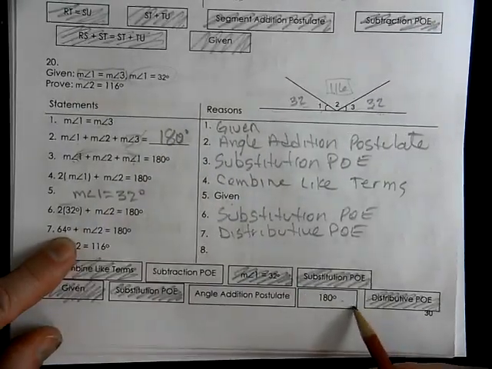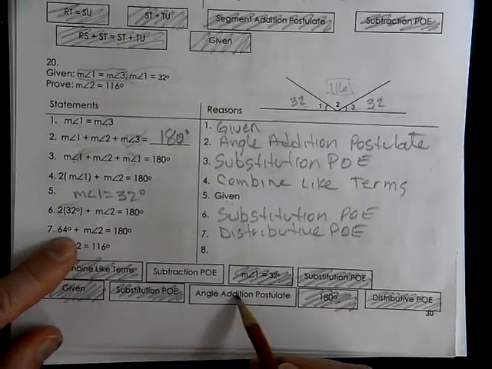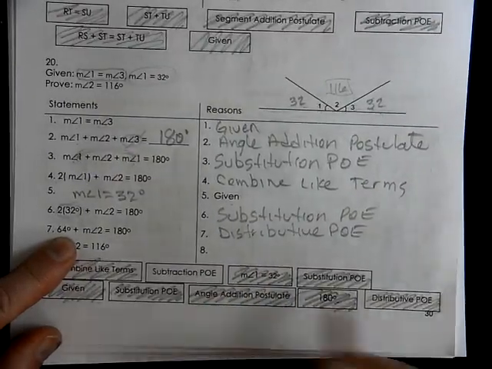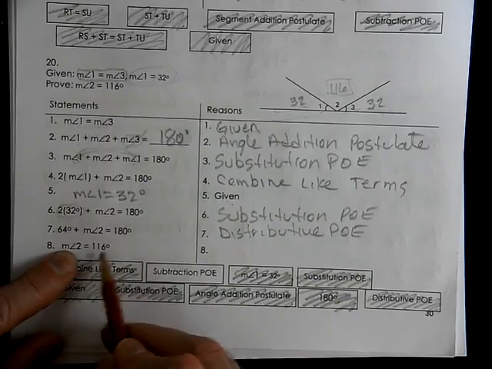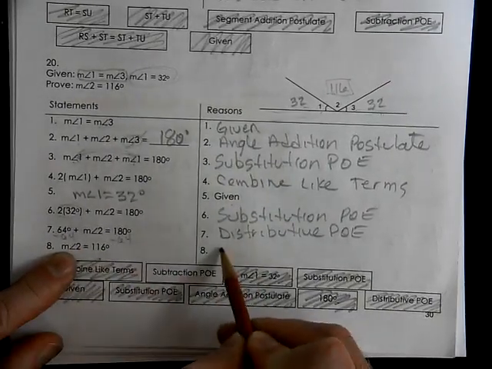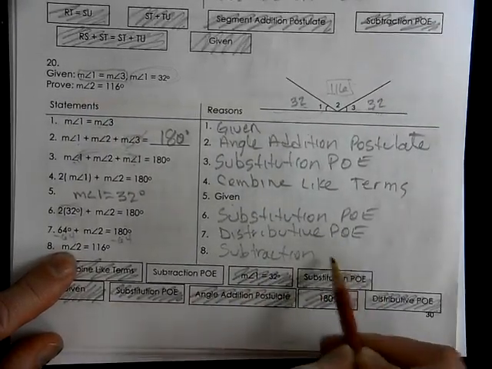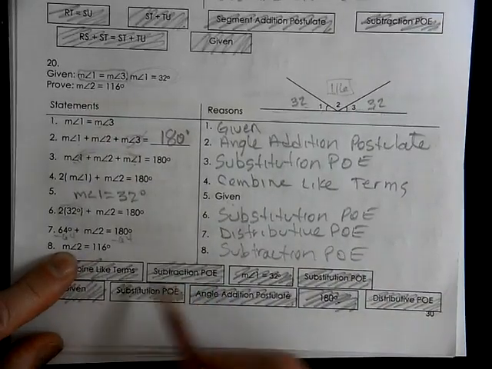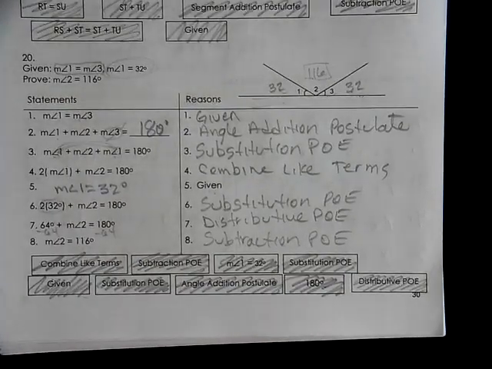We've already used that one. I guess we already used angle addition postulate, but remember, we're not thinking about this as a puzzle. Okay, how do we get to 116? Well, we minus the 64. So that is subtraction property of equality. Good luck, everybody.